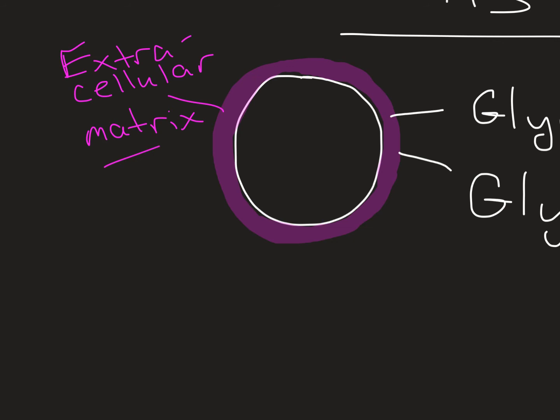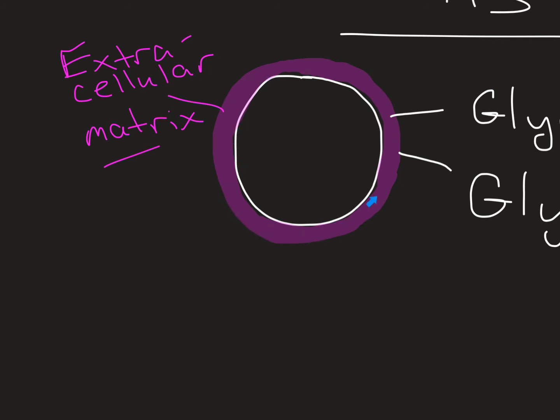Very good. Because it's on the outside of the cell membrane. So the cell membrane's here. Everything inside the cell membrane is part of the cell. This is outside the cell, so it's extra. It's an extracellular matrix. It's attached to the membrane, but it's on the outside.